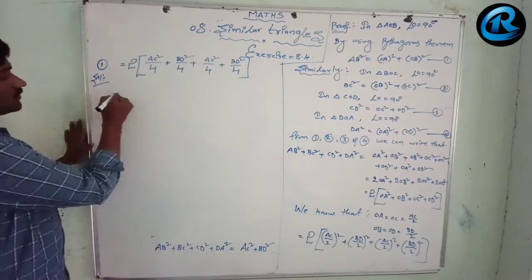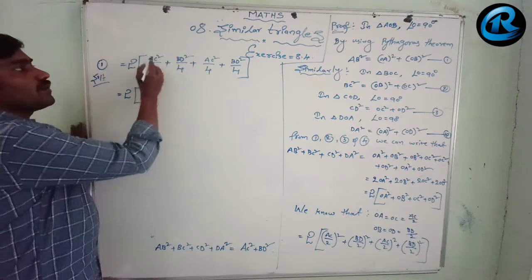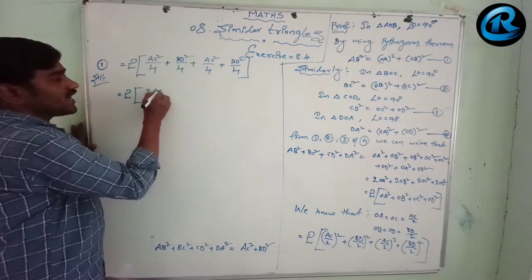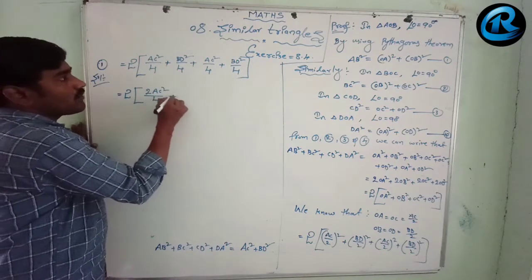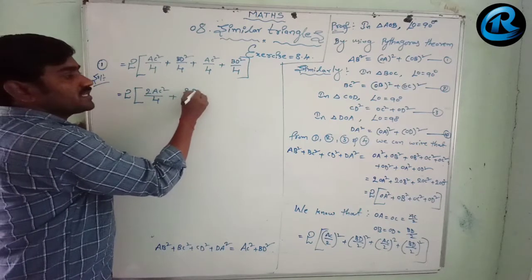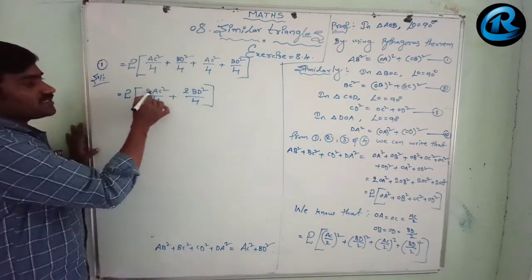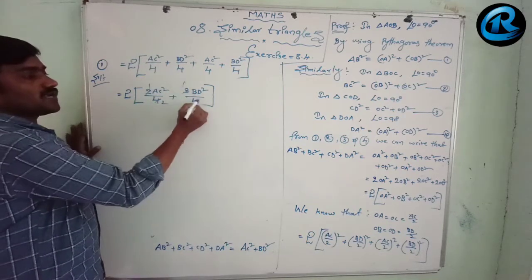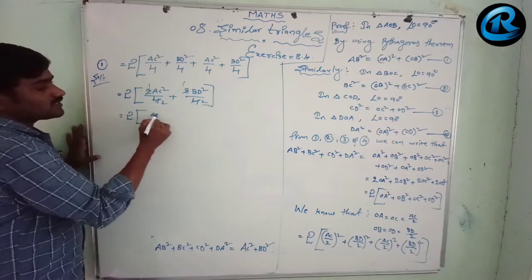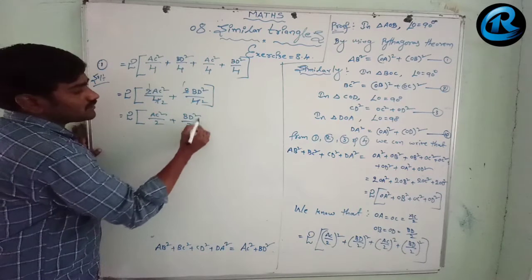We got this now. Let us go for 2 of, here 1 AC square by 4, 1 AC square by 4, that is 2 AC square by 4, plus 1 BD square by 4, 1 BD square by 4, 2 BD square by 4. We can simplify these: 2 1s are 2, 2 2s are 4, as we got 2 into AC square by 2 plus BD square by 2.